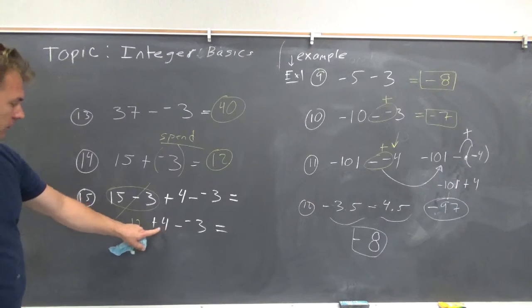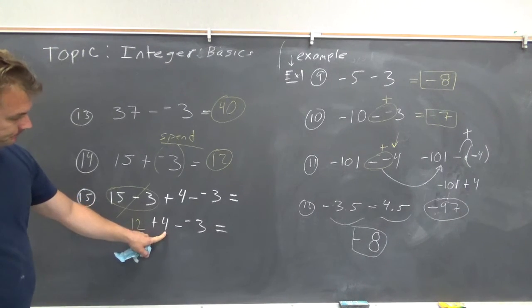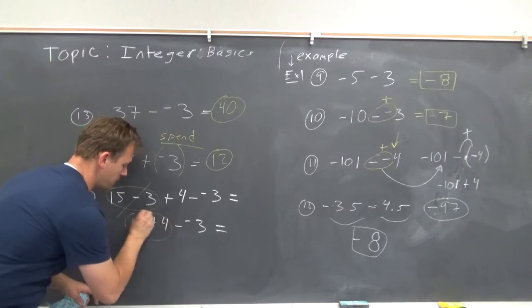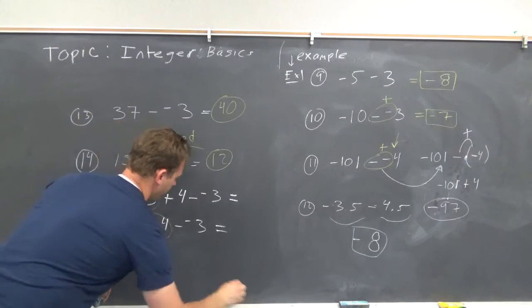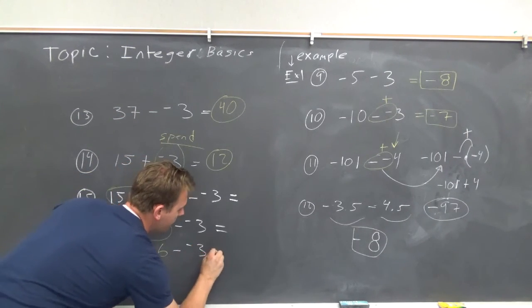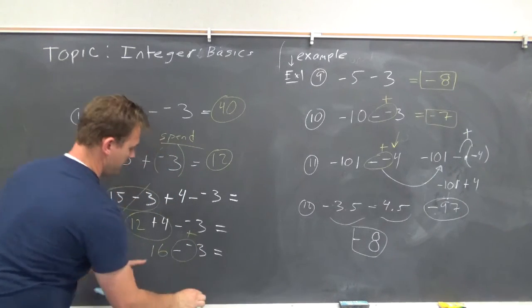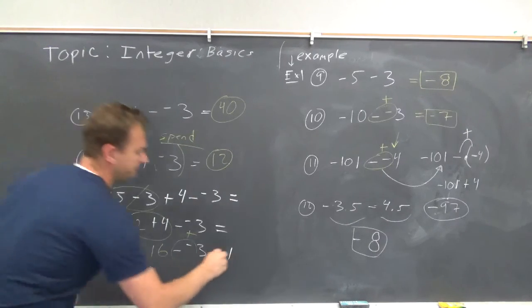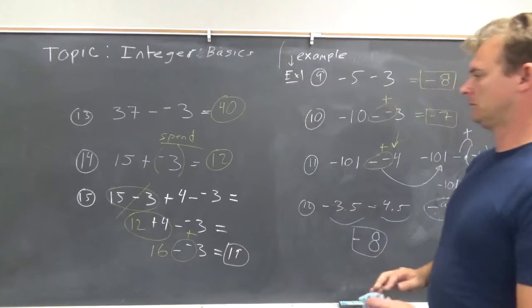So can I go 12 plus 4? Let's see. 12 plus 4 is 16. Minus 3. I know this goes to positive. 16 plus 3 is not 18, 19. Uh-oh.